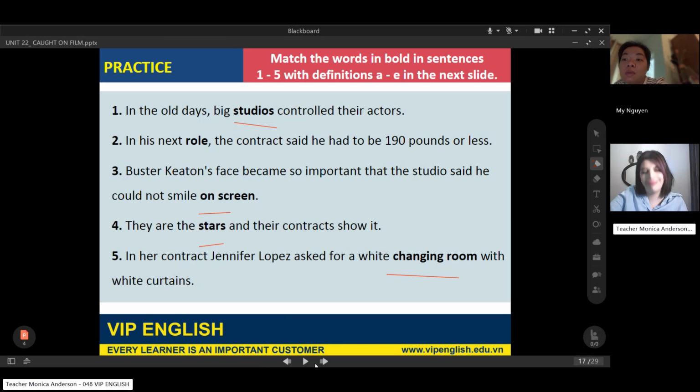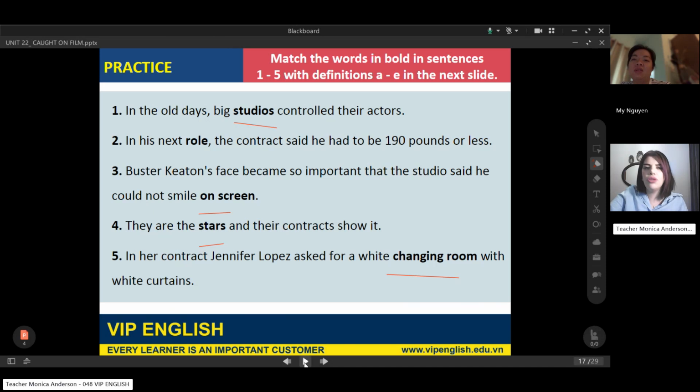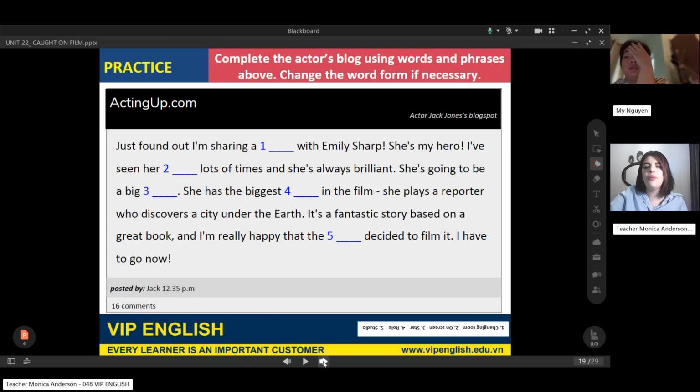Changing room. A film company or the place where films are made. Studio. Perfect. And during a film or a television, so we have on screen, very good.